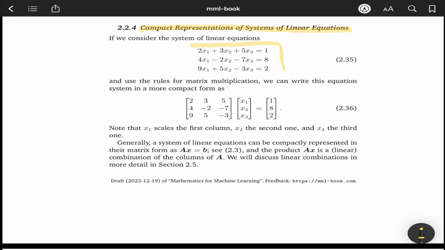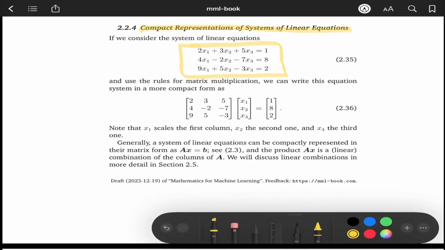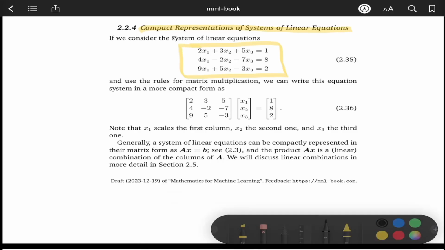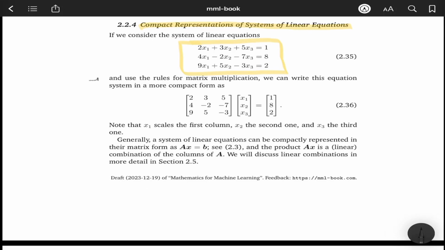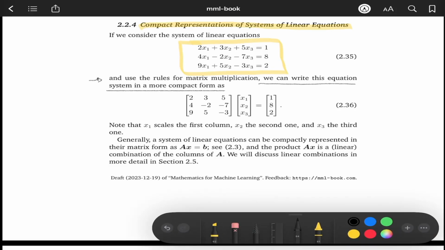Okay, so this is again our system of linear equations. And it's not just three equations that happen to share some symbols, because these are actually expressing the same thing. This is why it's called a system. And using the rules of matrix multiplication, we can write this equation system in a more compact form as, yes, that's what I think we all learned in high school.